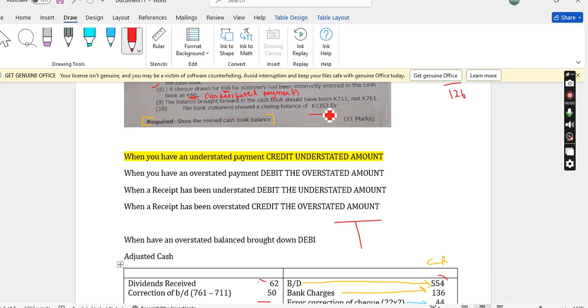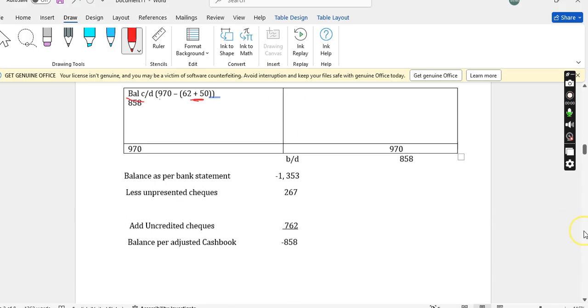Because on the bank side, remember, credit is where when money comes in, it grows, so the balances usually come on the credit side. So if the bank has a balance on the debit side, just know you're starting with a negative number. So our bank statement will start with negative 1,353 since it's on the debit side.